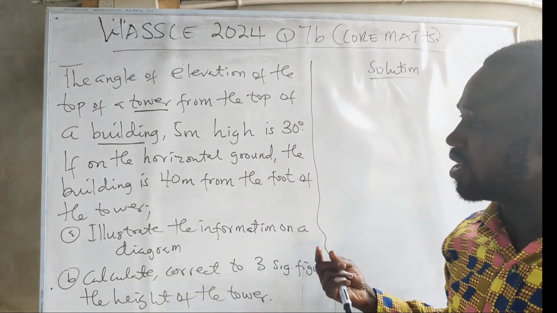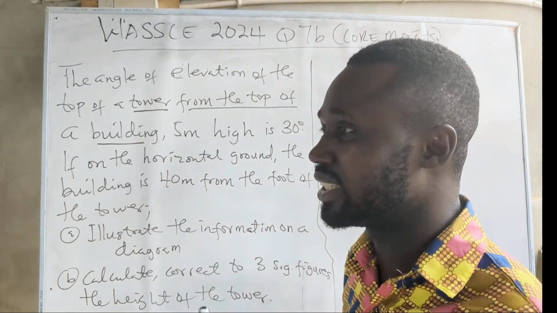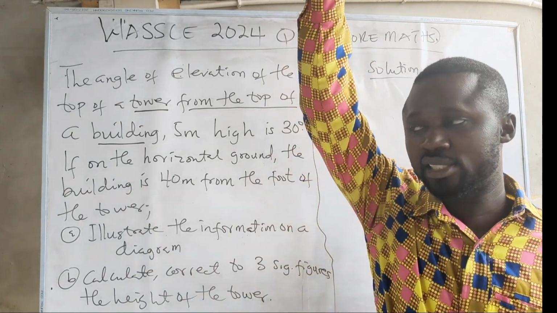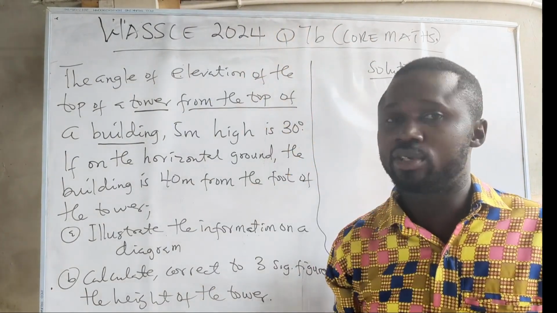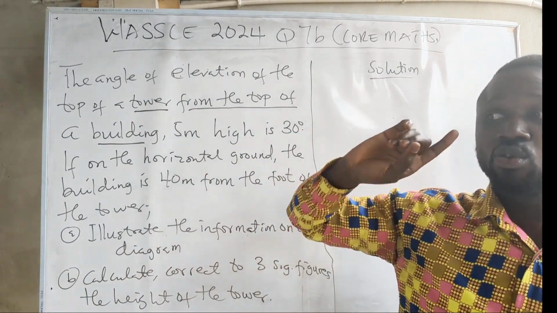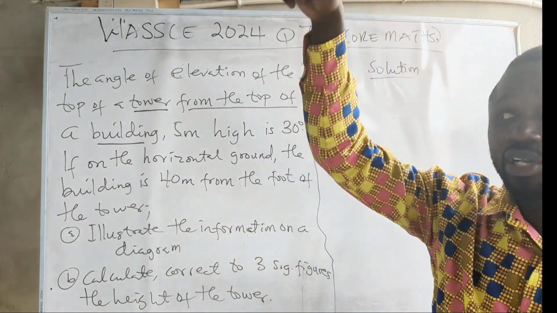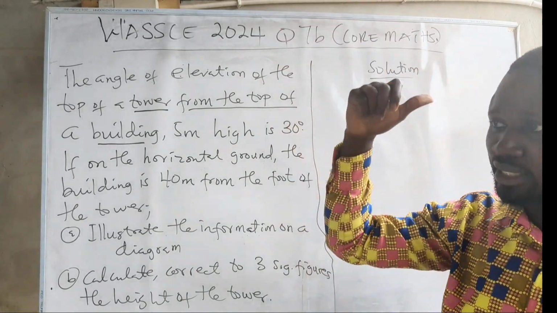So where is the angle of elevation from? It is from the top of a building to the top of the tower. Since the angle of elevation is the angle between the horizontal and when one decides to look up, it means that from the building to the tower, the tower is definitely going to be taller than the building.